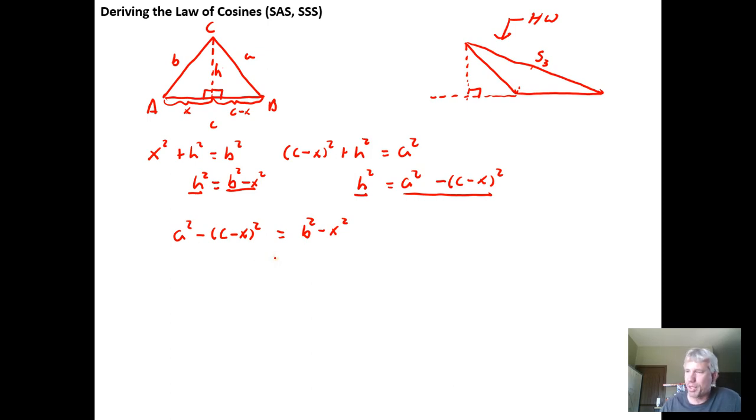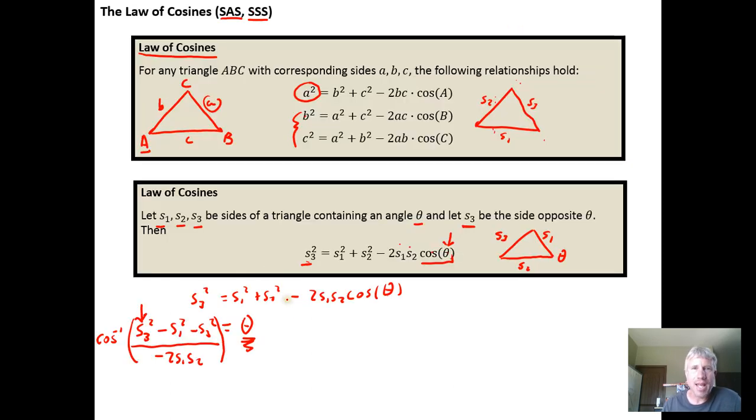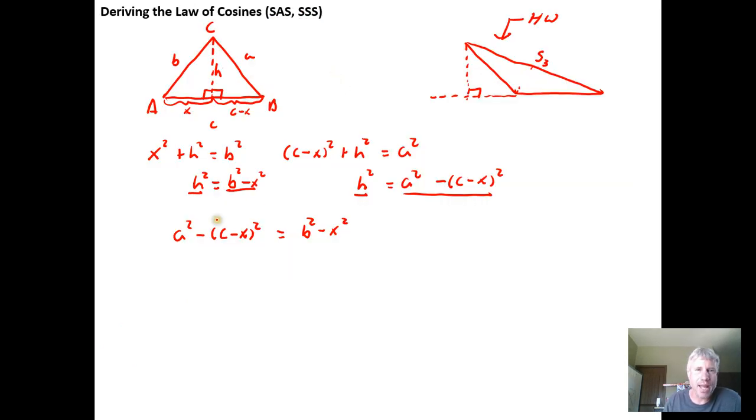And the formulation that we have here has the a squared isolated. So let's isolate the a squared by adding the c minus x squared to both sides. So we get b squared minus x squared plus c minus x quantity squared, and this is going to be an a squared sitting here, equals b squared minus x squared.